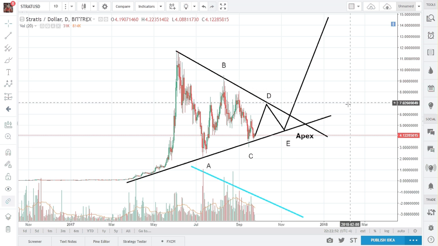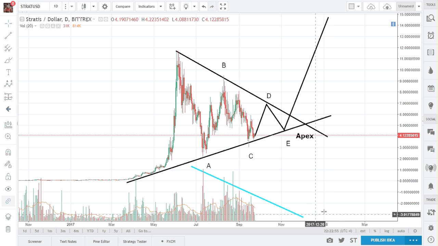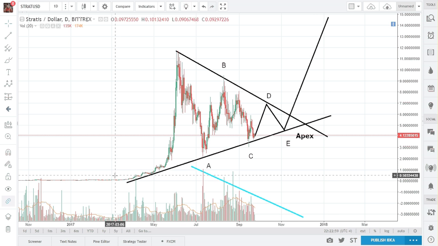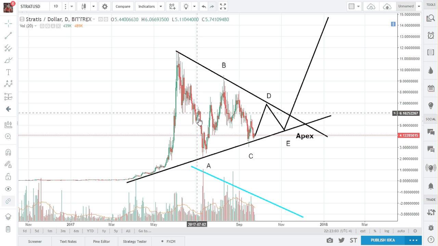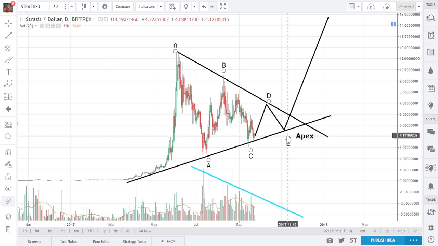And you might be asking, how do you know it's not going to go downwards? When the impulse is up, and there's an A, B, C, D, E, and E is in the bottom, the probabilistic tendency is for an up break.